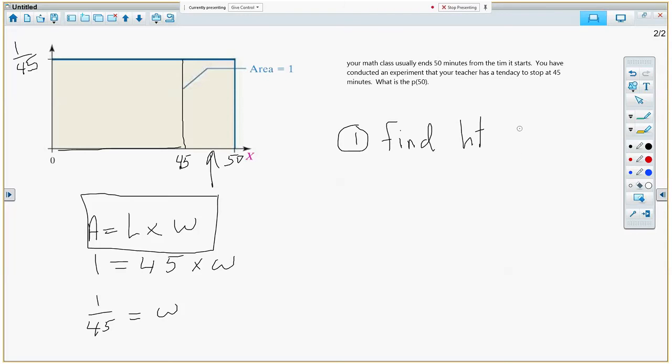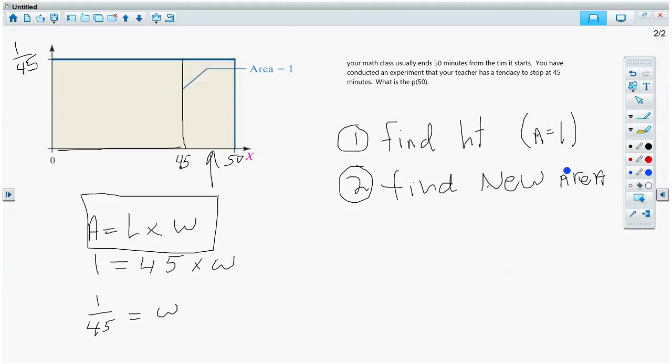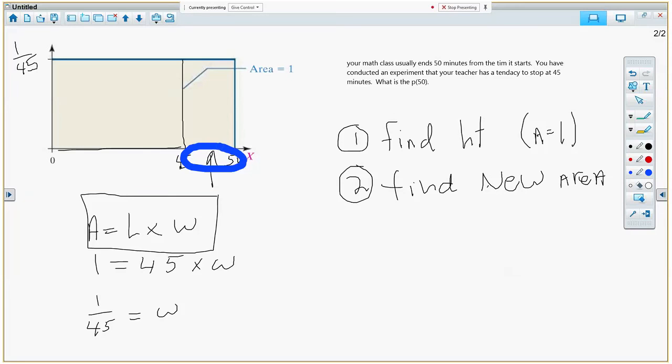Find the height with the area equal to 1. 2, once you find the height, find the new area based on this distance right here. Okay? I didn't exactly have the wording right for the problem, so we're going to go to one that does have the wording right and go from there.